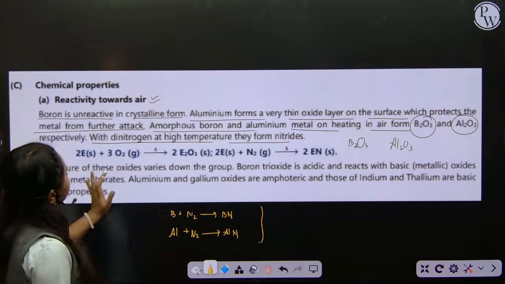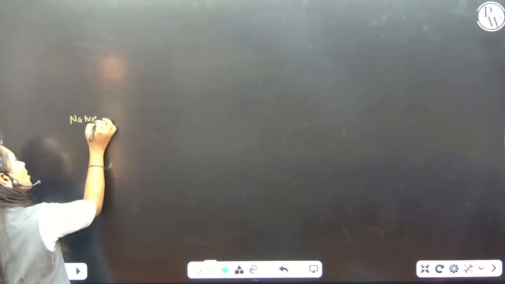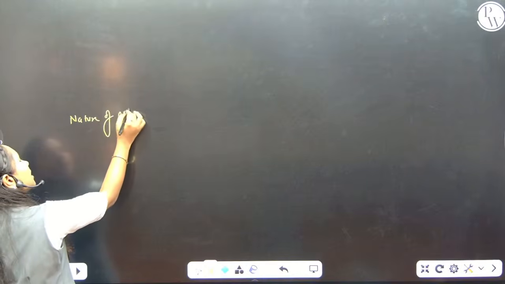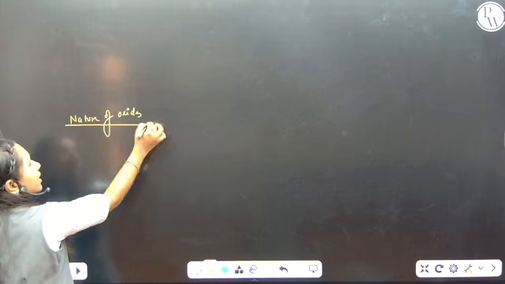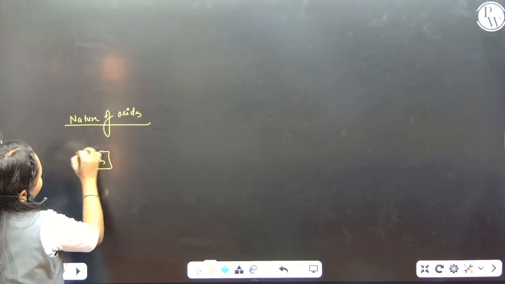The nature of these oxides varies down the group. Let me explain this, the nature of oxides. Oxides are basically of three types.